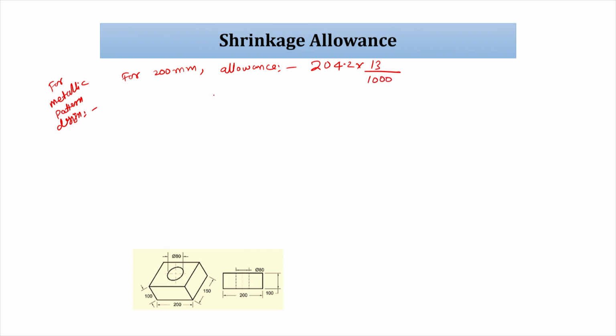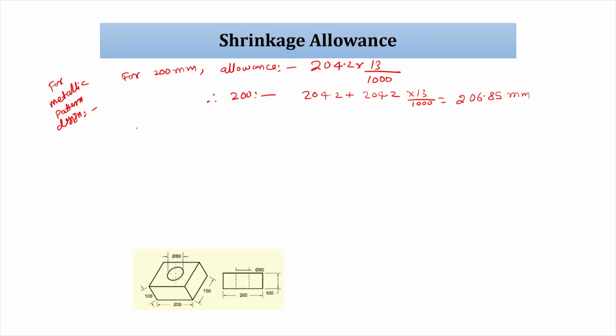So 200 mm converts to 204.2 plus 204.2 into 13 by 1000, and the answer will be 206.85 mm.